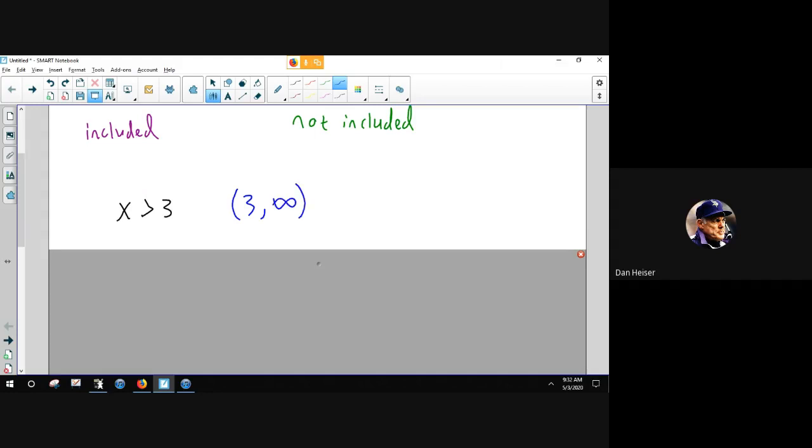Infinity is always a parenthesis because you can never equal infinity. You can never get there. It is not a number. It just simply means you keep growing faster, or if it's negative, you keep falling faster. So here is an interval for x greater than 3.